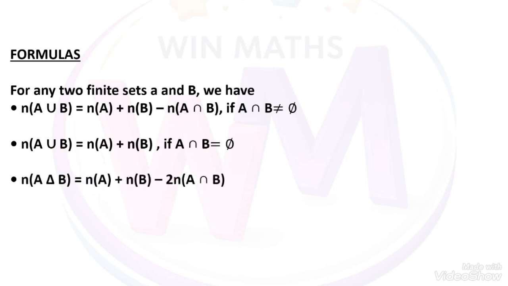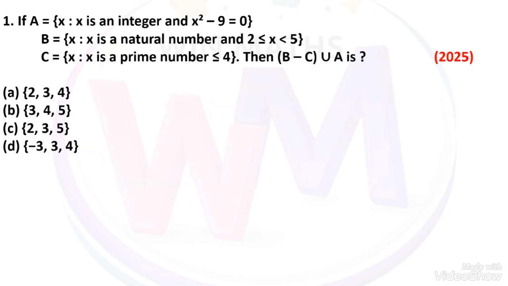Then, for the symmetric difference, n of A symmetric difference B is equal to n of A plus n of B minus 2 times n of A intersection B. Then, based on the difference of sets, n of A minus B is equal to n of A minus n of A intersection B. Then there is a first question, which is from 2005.